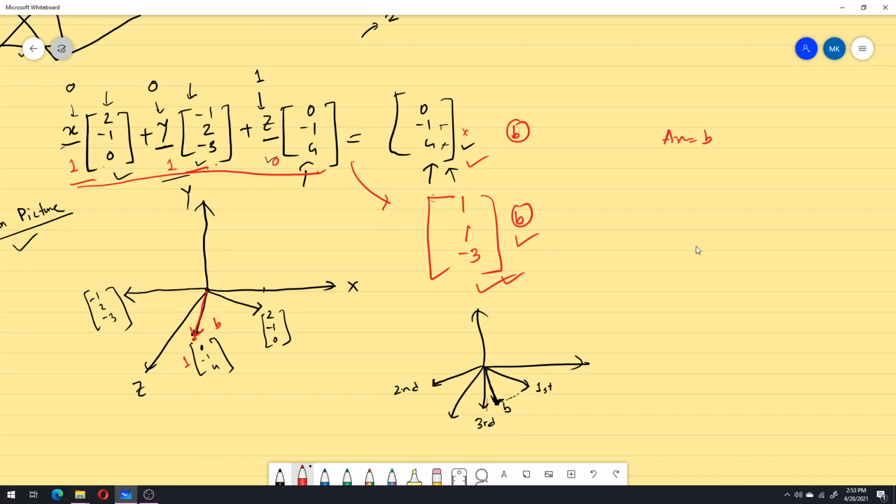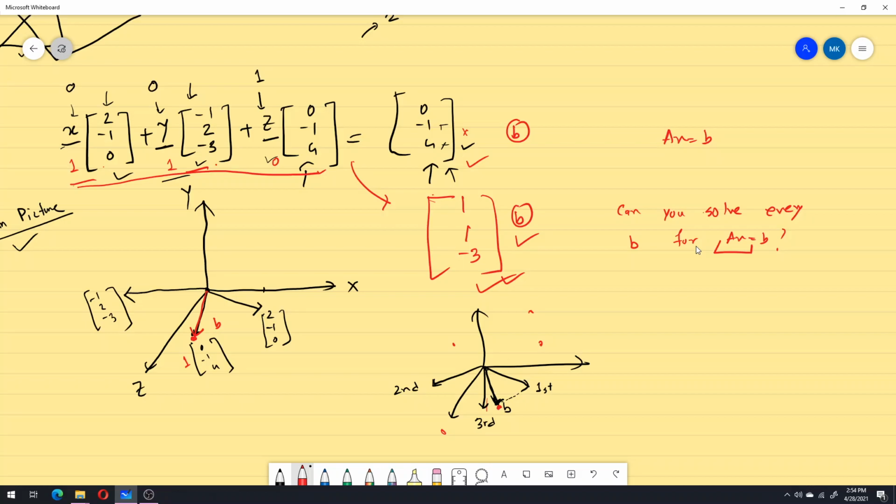The first point is this, and the second point is this. Maybe the points are not accurate, but this is just the idea. So my question is, can you solve every B for Ax equals B? That means if I take any point in this 3D coordinate system, maybe this point, maybe that point, then can I solve it with Ax equals B? This is the question here.